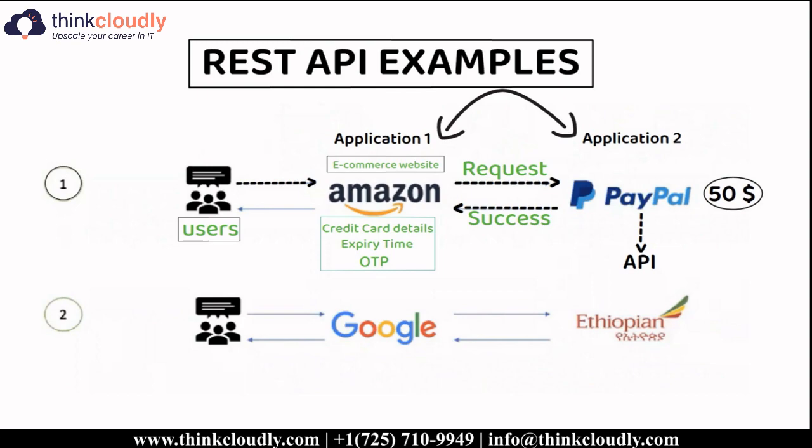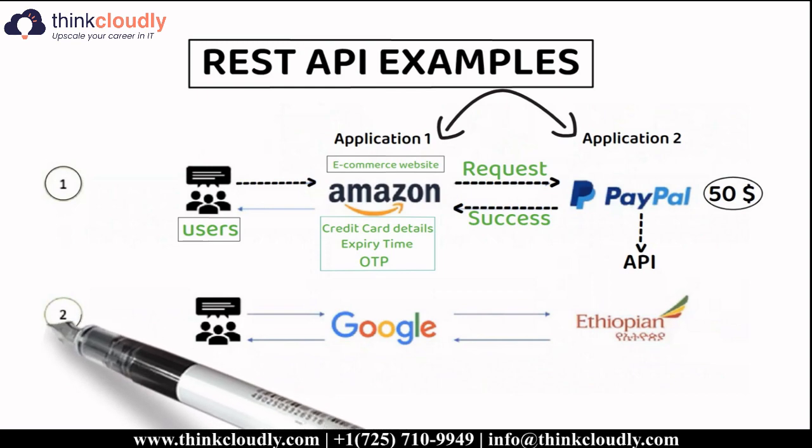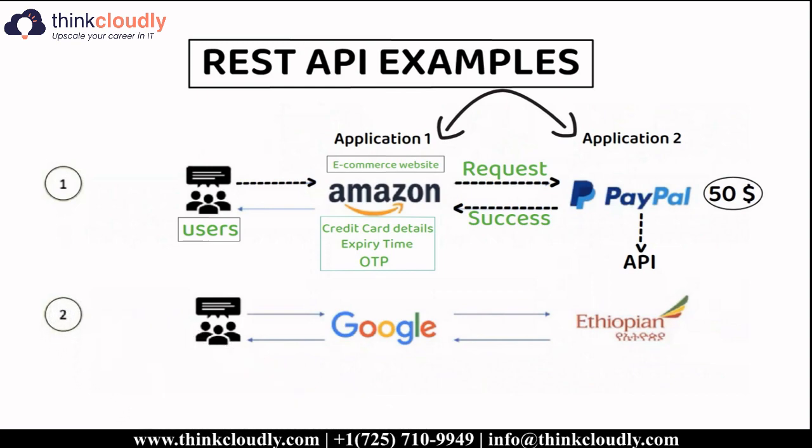After that, let's go to another example. Let's imagine you would like to book flight tickets. So when you would like to book flight tickets, let's say you would like to travel from New York to Paris. Now you will search tickets on Google.